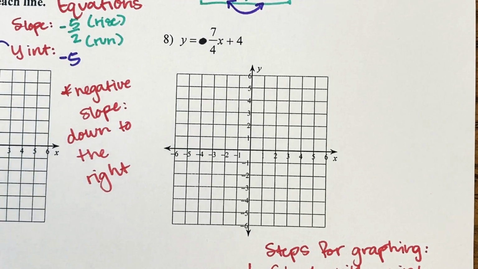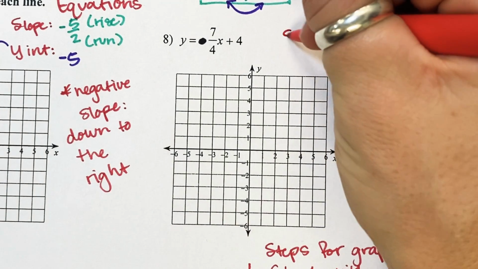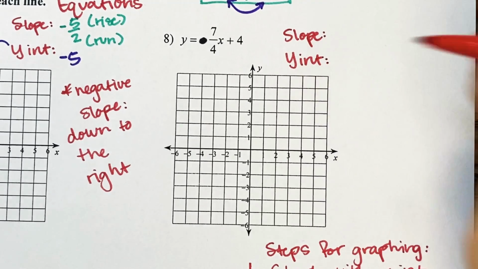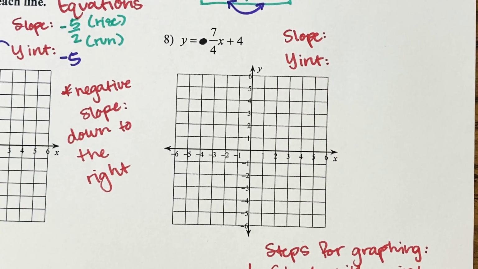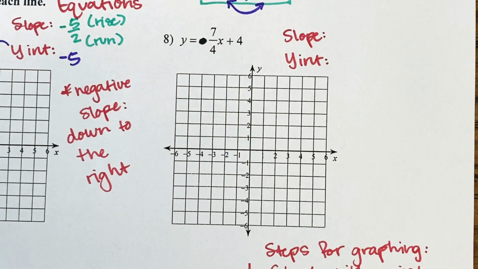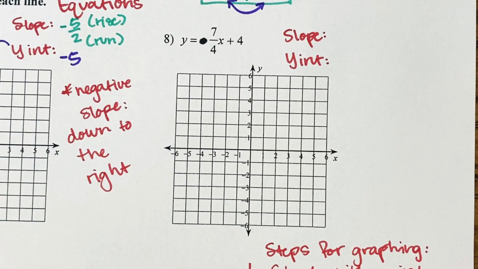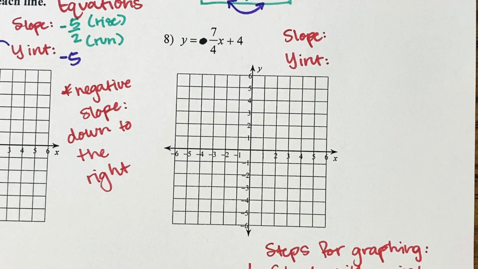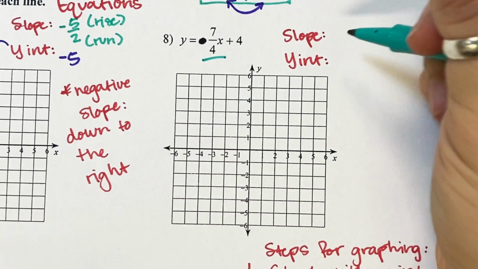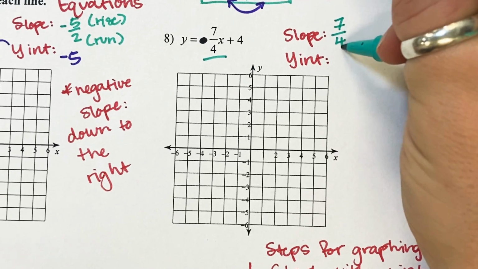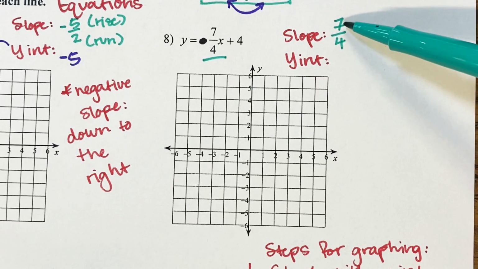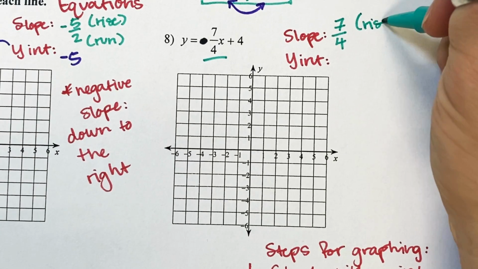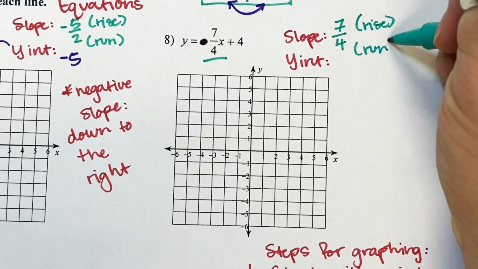First we want to identify my slope and my y-intercept. What is the number or fraction right in front of that x? It's going to be that 7/4. I changed it from negative to positive, so it's just positive 7/4, which again is already in rise over run form.